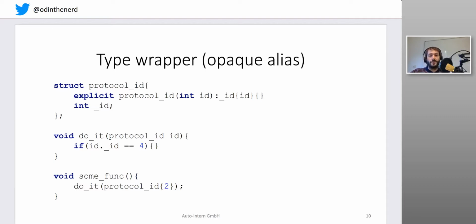That will be a compile time error because 2 is not convertible to this struct that we just created. So if we want to convert from int to a protocol ID, then we have to explicitly call the constructor. If we want to convert back from protocol ID to int, then we can just access the member variable. This is, as I said, not very elegant.